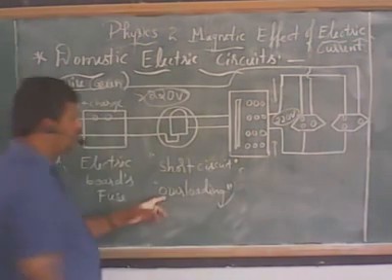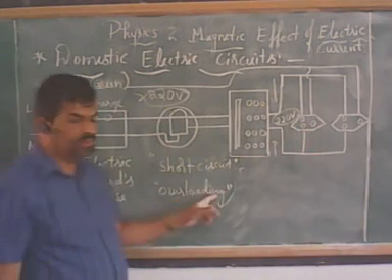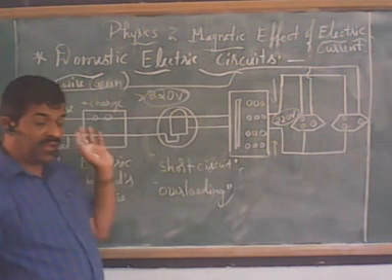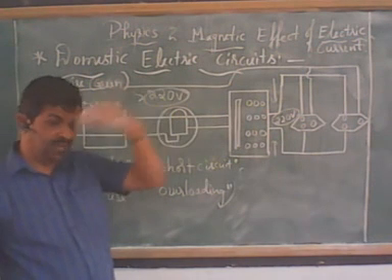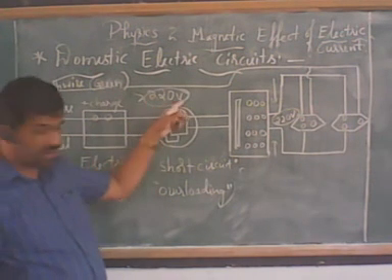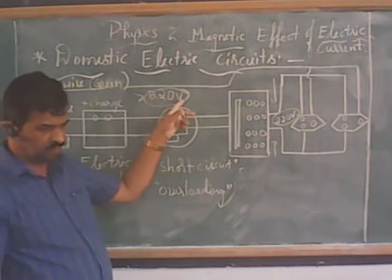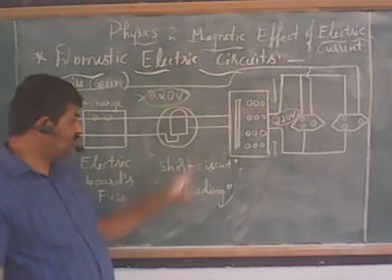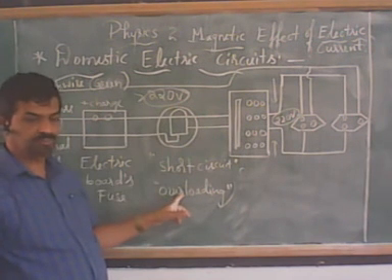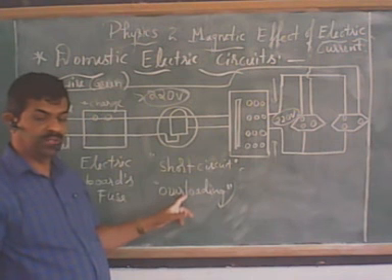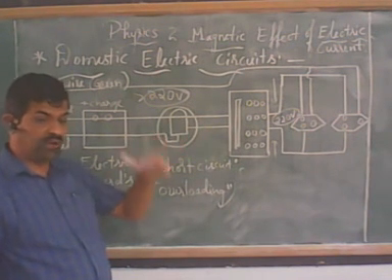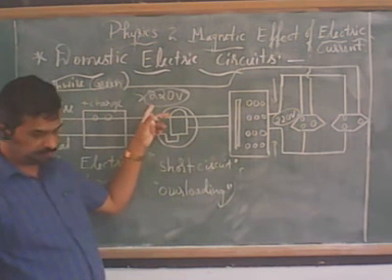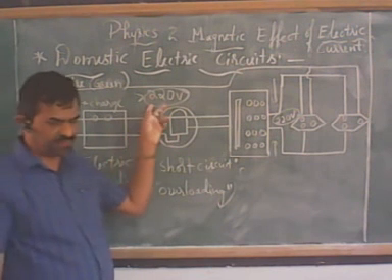So what is overloading? When the electricity from the transmission line enters our domestic wire at more than 220 volts, that is called overloading.